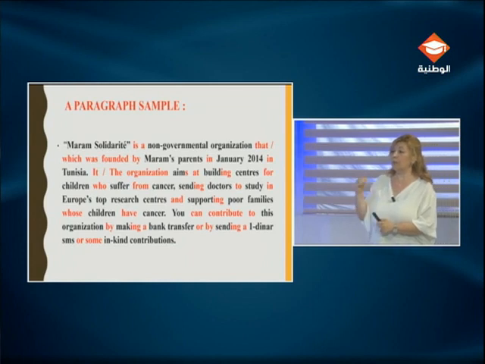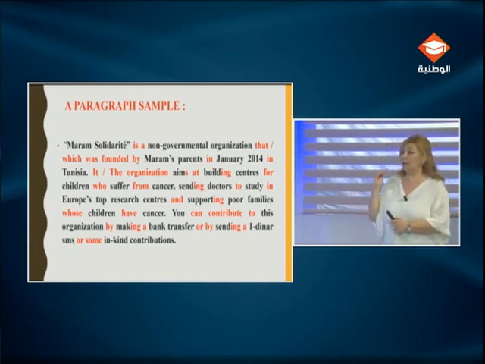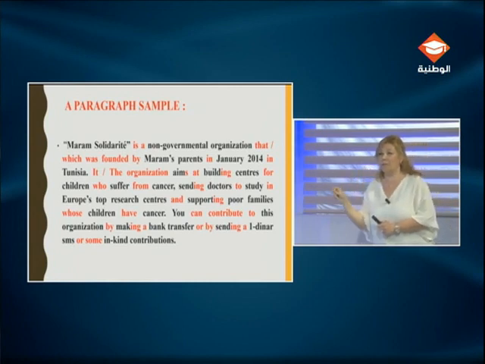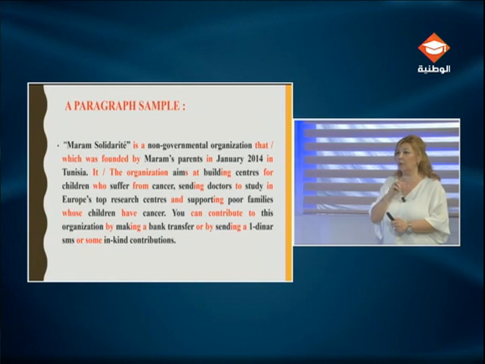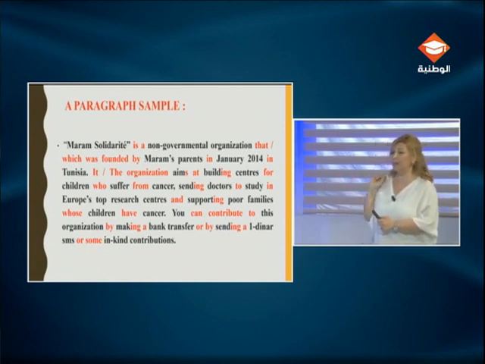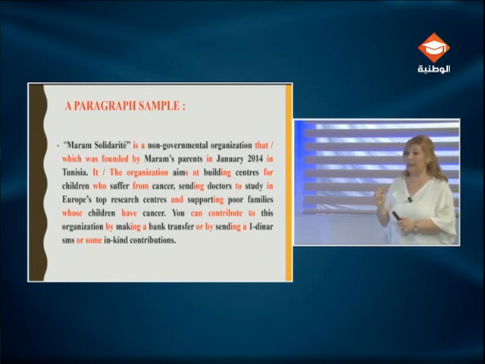We go on then. Now we have reached the aims. We shouldn't write the word aims, the aims of the organization, or the organization's aims are. It's better to introduce it differently. You see, it or the organization aims at.